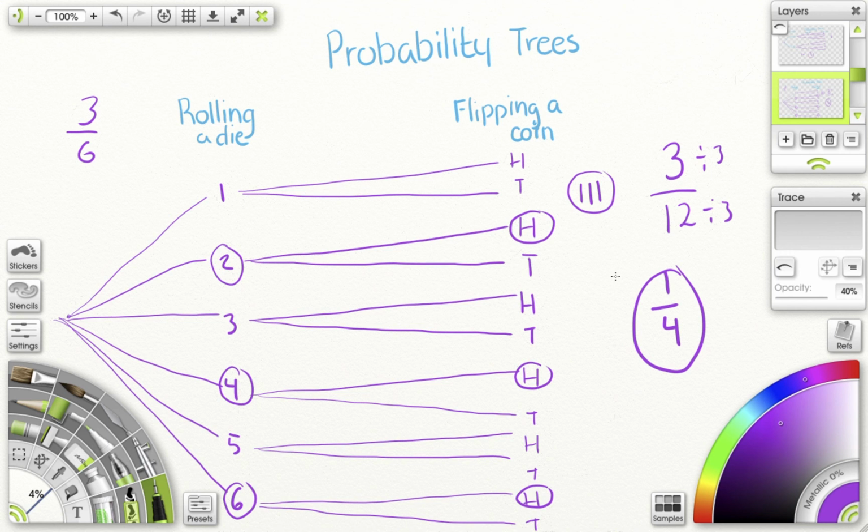That changes our odds of getting the outcome we want dramatically, because rolling an even number, we had a 3 out of 6 chance, as in we had a 1 out of 2 chance. So out of every 2 die throws, I should have been able to get an even number. And then I was just trying to land on heads. That's the same thing. I had 1 out of 2 possibilities of landing on heads.